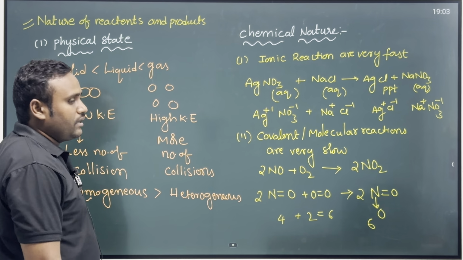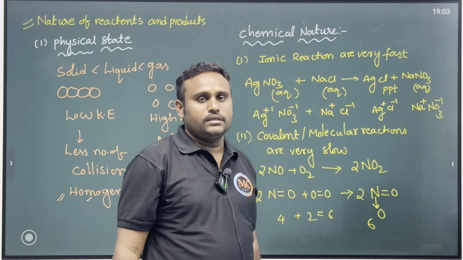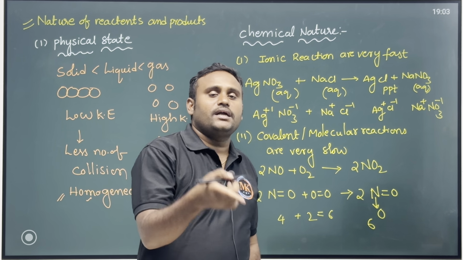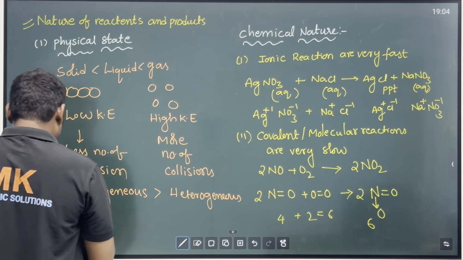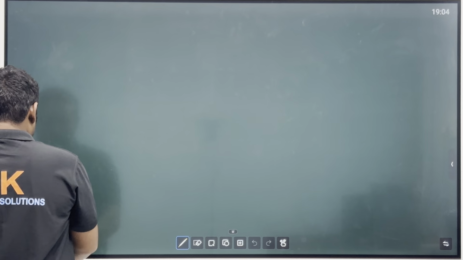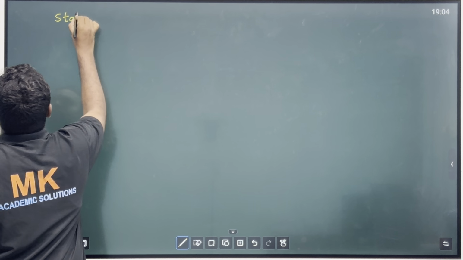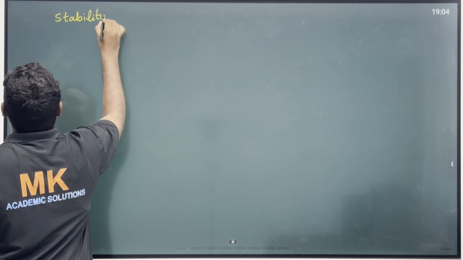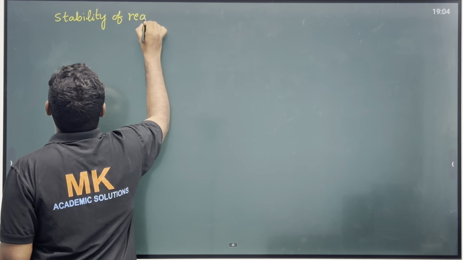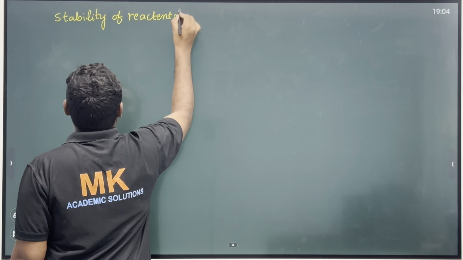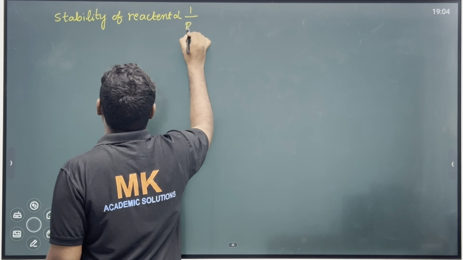And one more thing you can consider, that is stability. Stability of reactant increases, rate of reaction decreases. Stability of product increases, rate of reaction increases. So here we can add that thing also, that is stability. Stability of reactant is inversely proportional to rate.